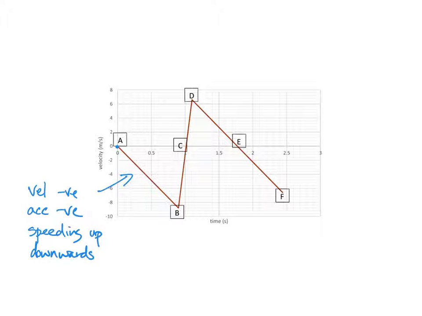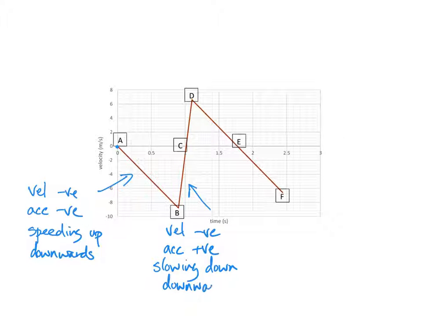The next section between B and C, the velocity values are still negative, it's still below the axis, but the acceleration is positive. The line is sloping up the way. And because these have both got opposite signs, it's slowing down, but it's still negative velocities, so it's still downwards.